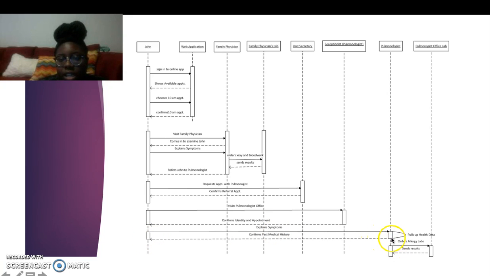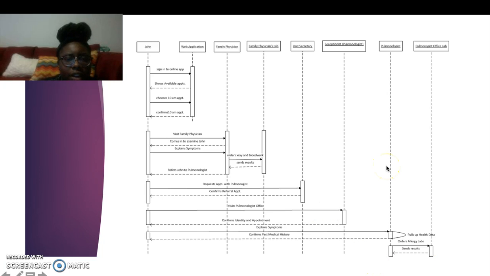Then the next interaction is between the pulmonologist and the lab that he sends his lab work to. The pulmonologist orders allergy labs, so allergy blood work for John, and also orders a scratch test for John and sends that to the lab, and then the lab sends the results back to him in his office.